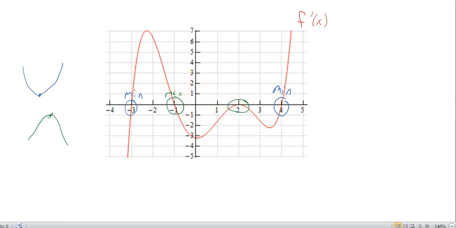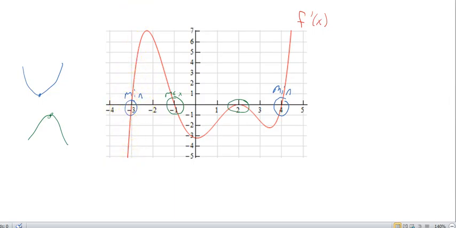So let's go into a little more detail, talking about where this is increasing and decreasing and what that tells us. So this graph is increasing from -infinity to a little bit before -2, so probably about -2.3 or something like that.